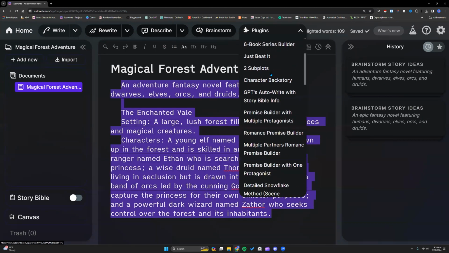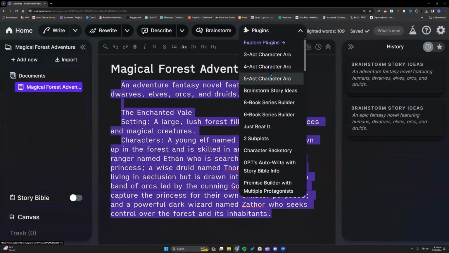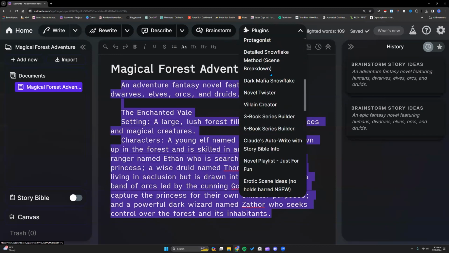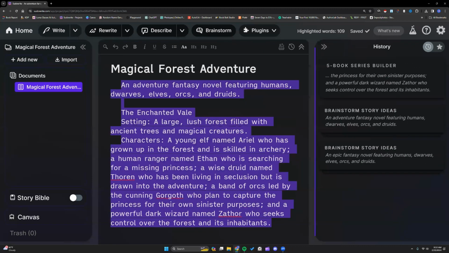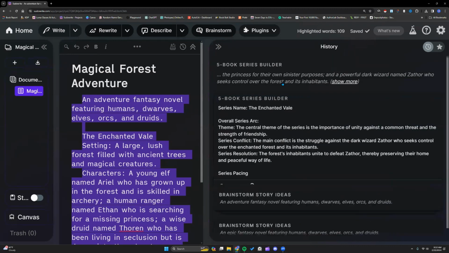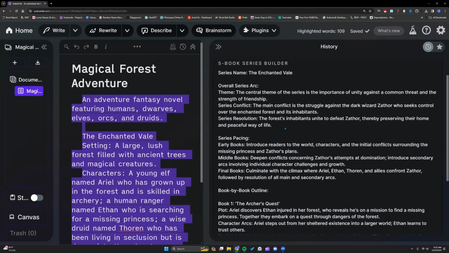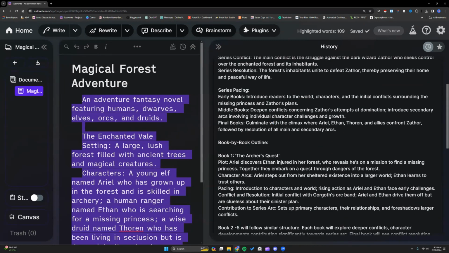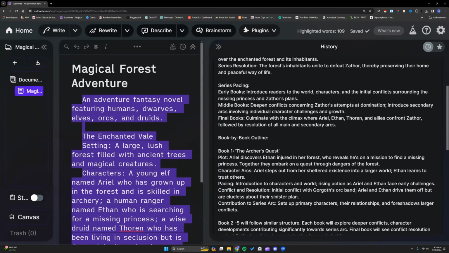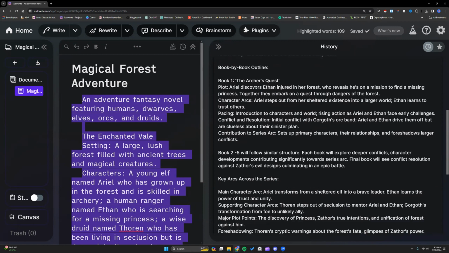The main conflict is the struggle against the Dark Wizard. So the first one is Ariel discovers Ethan entered in the forest.